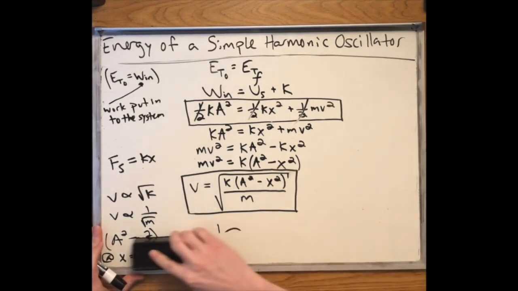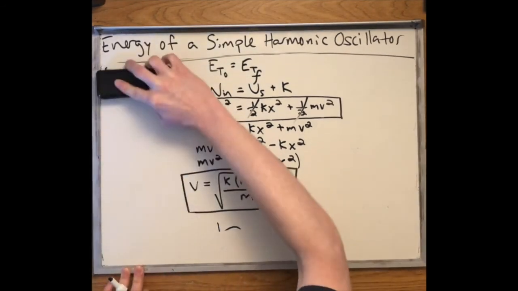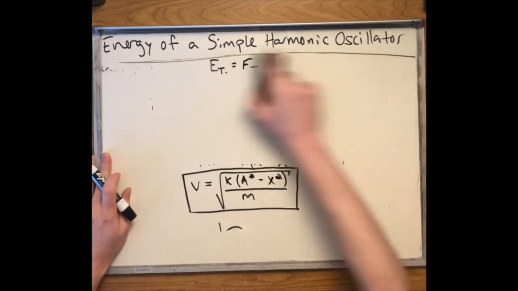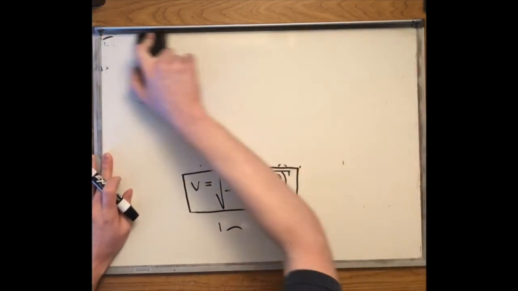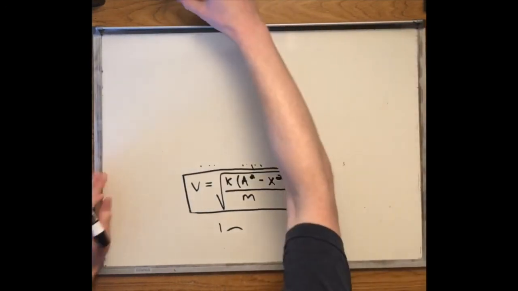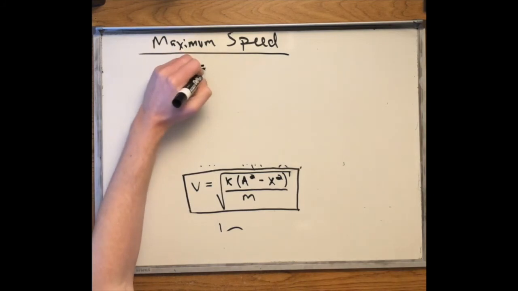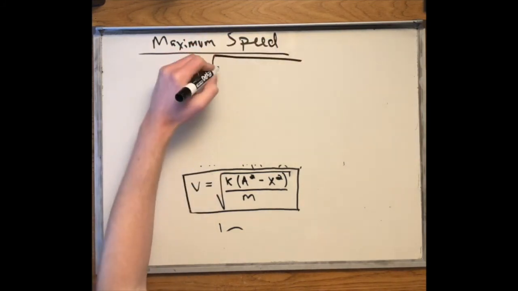All right. So we'll put this under the heading max speed. And I want to just leave this here for a second as a reminder. So right here, the maximum speed we're going to get from this equation.